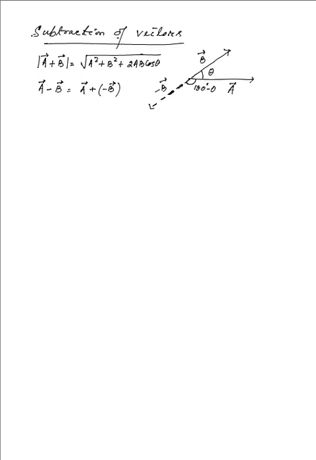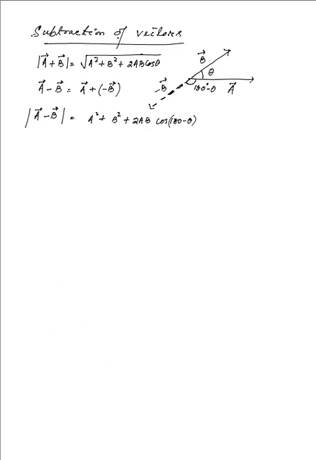So in that case, for obtaining the magnitude of the resultant of A minus B, we have A vector minus B vector, and the mod of that, the magnitude in that case, is equal to the square root of A squared plus B squared plus 2AB cos 180 minus theta.